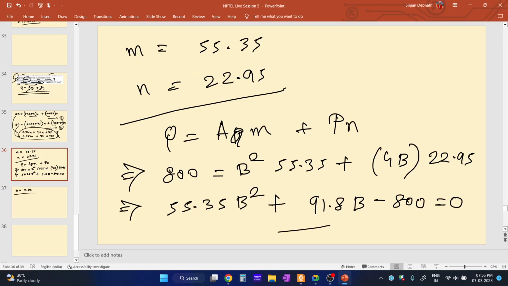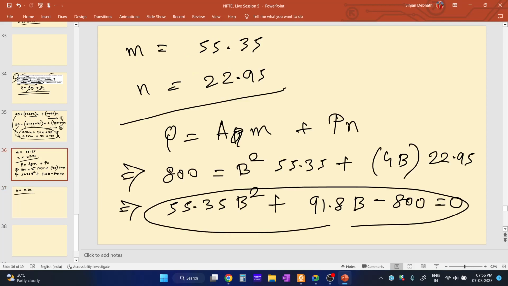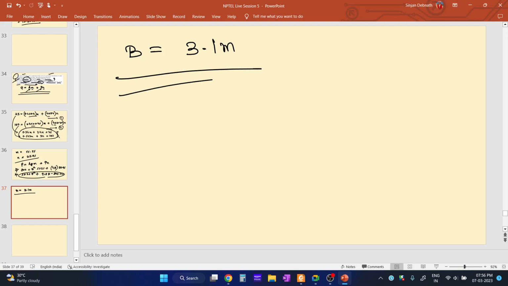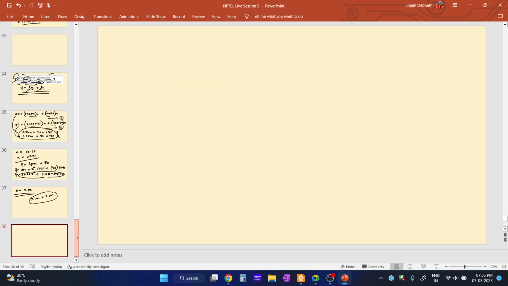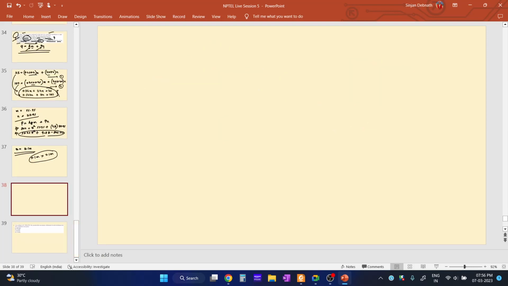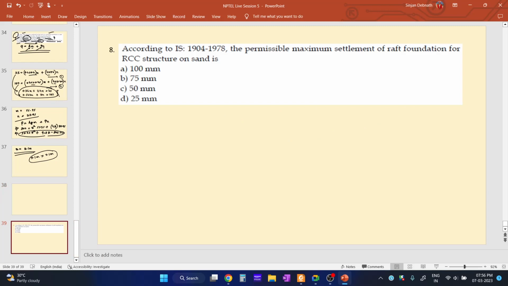So the size of the square footing is 3.1 meter by 3.1 meter. This is the required size of the square footing. This one is the answer, and this is the last question.